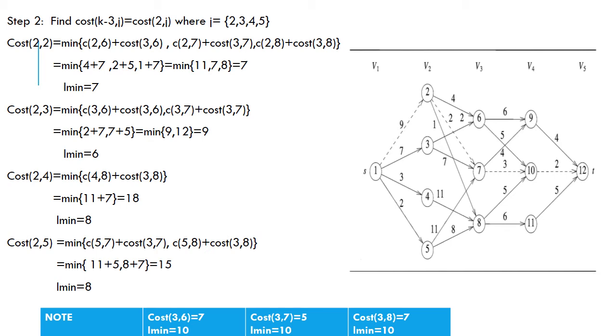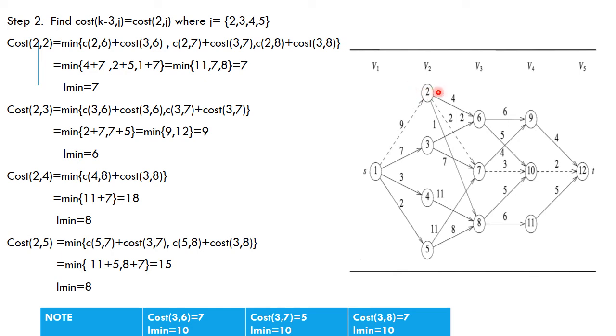Step 2 is find cost of k minus 3 comma j, which is nothing but cost of 2 comma j. What are the j vertices at the second stage? That are 2, 3, 4, 5. Now we'll find initially cost of 2 comma 2, which is equal to minimum of C of 2 comma 6, because L nodes are the nodes that are in the next stage, which are connected to 2. 2 is connected to 6, 7 and 8.